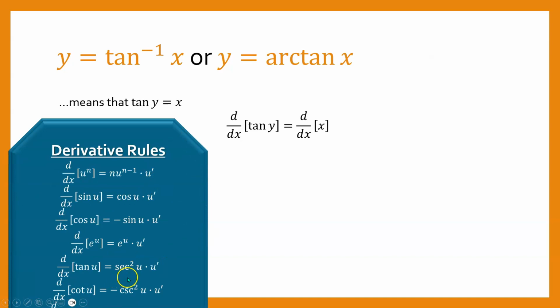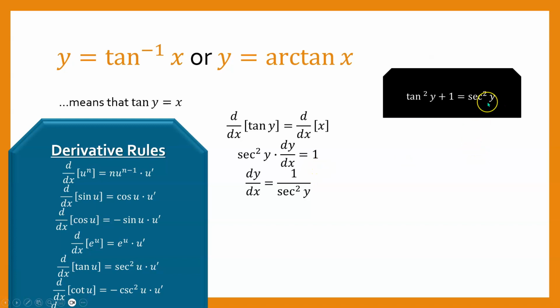Well, it would be secant squared of that thing times the derivative of that thing. So here that would be secant squared of y times dy dx equals, and again the derivative with respect to x of x is 1. So solving for dy dx, we get that dy dx equals 1 over secant squared of y.